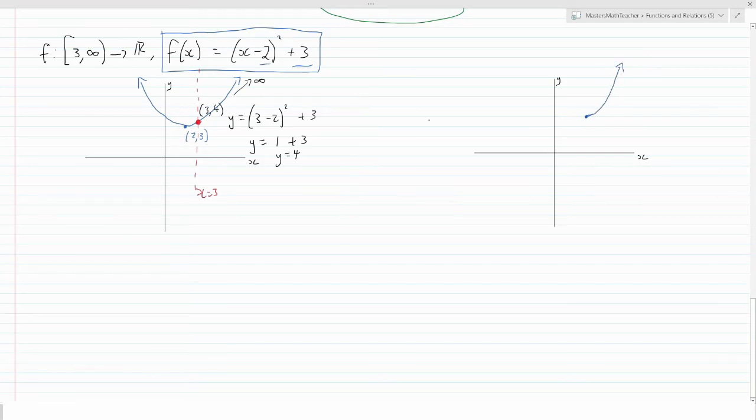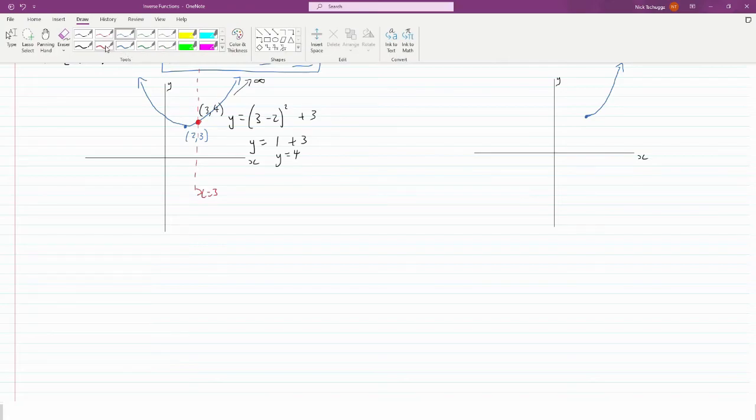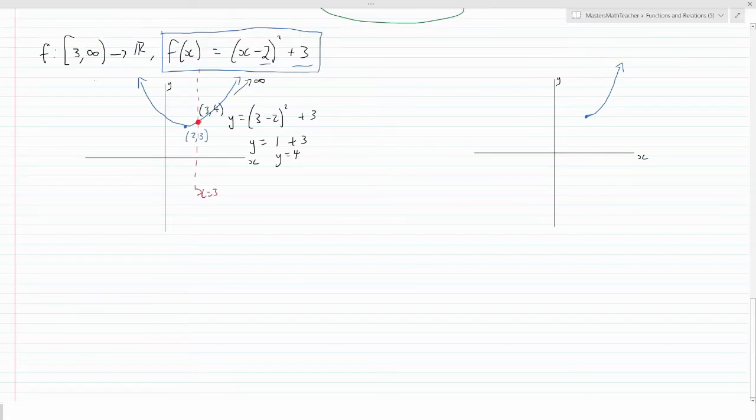So, when we're looking at this, remember when I said the function must be 1 to 1 for it to have an inverse? If we look at the original graph, yes, it's a function. However, if we did our one-to-one test, our horizontal line test, this hits twice.